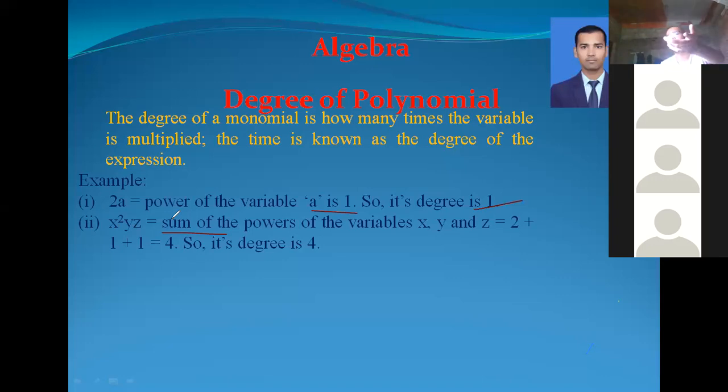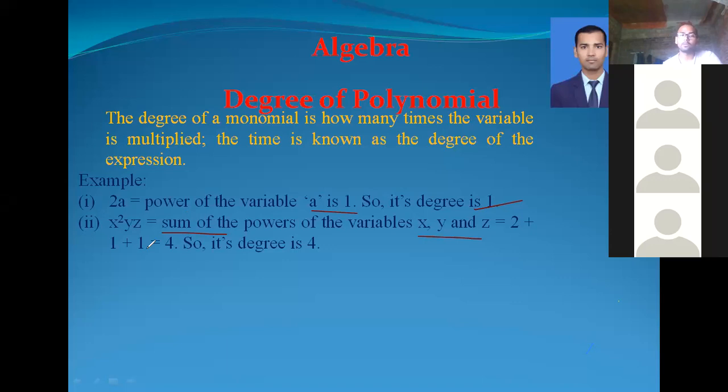But if there are more variables, we need to use the sum. So the sum of the powers of the variables x, y, and z: the power of x is 2, the power of y is 1, and the power of z is 1.